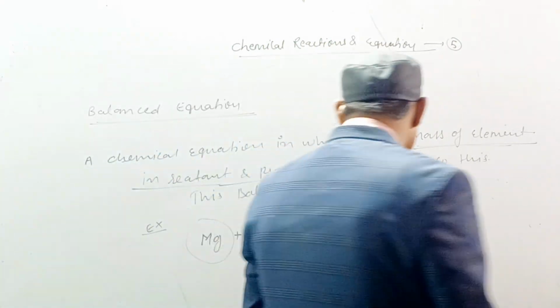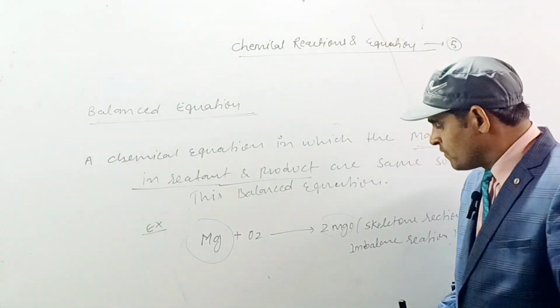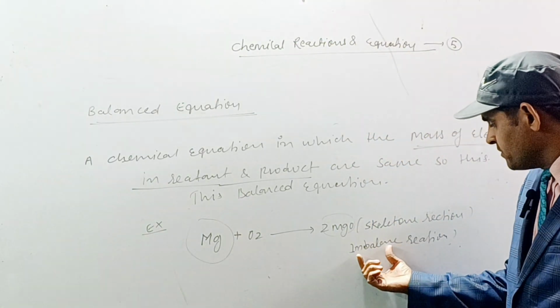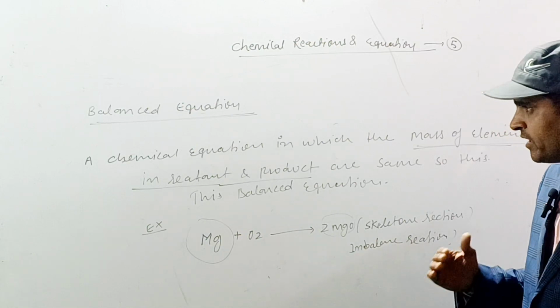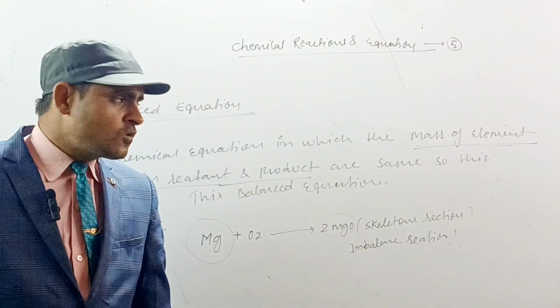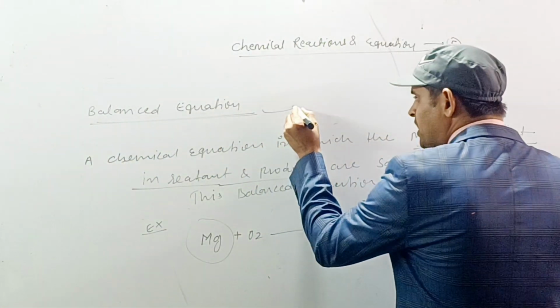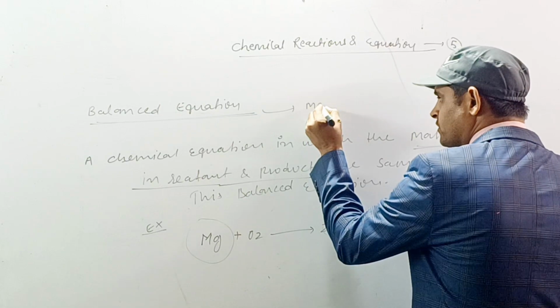And why is it required to convert an imbalanced equation into a balanced equation? Why is it required? So we will describe the mass conservation rule.